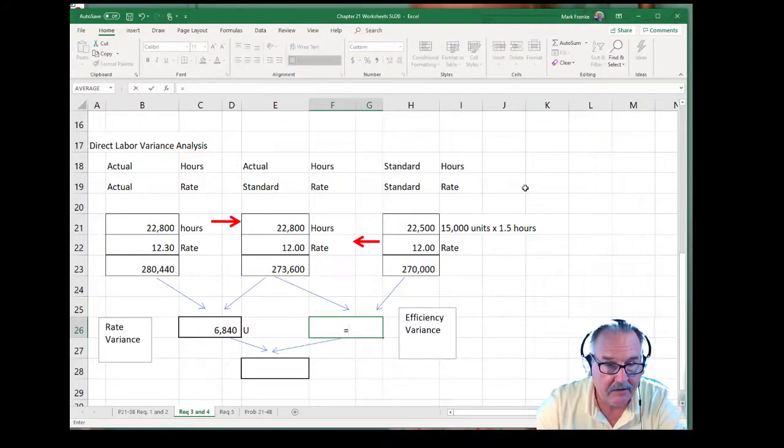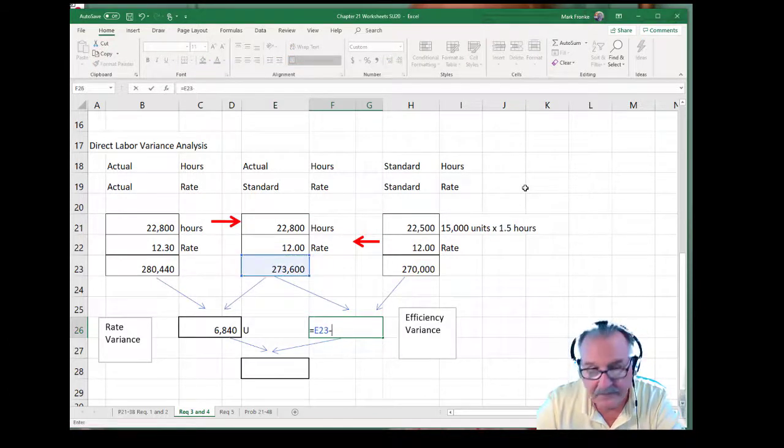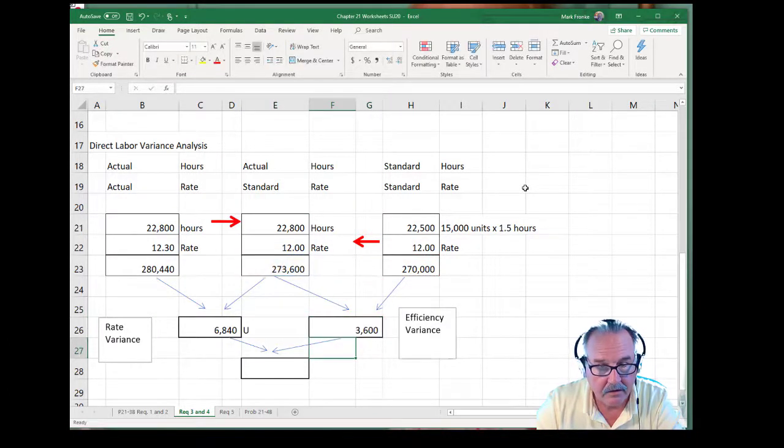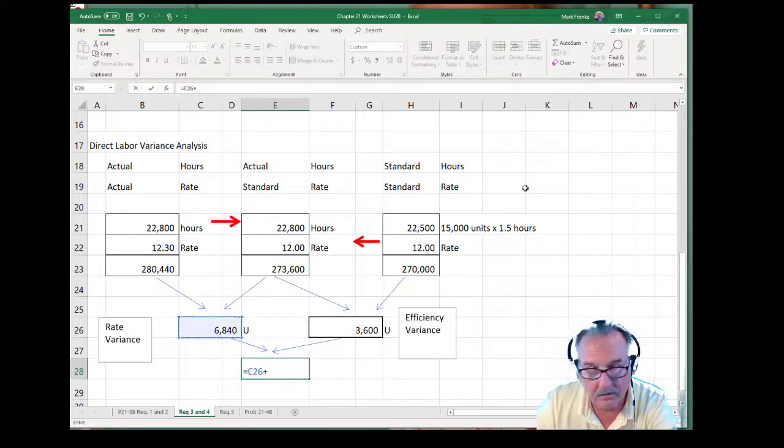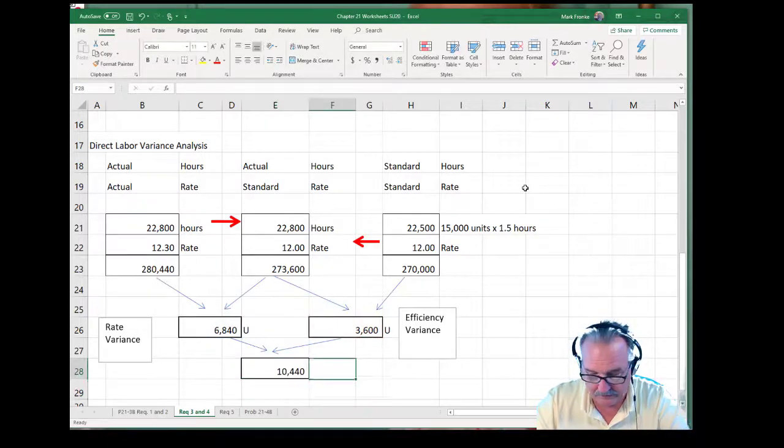And if we take actual hours times the standard rate, oh, I got a bad cell, let's try this again. We also have an unfavorable variance, and our total variance is unfavorable.